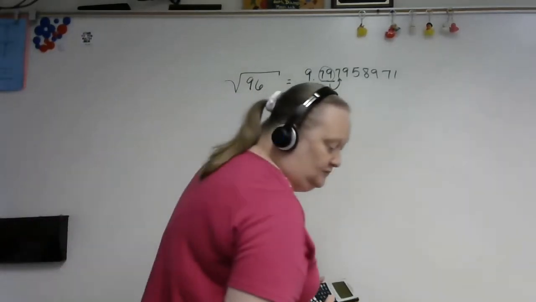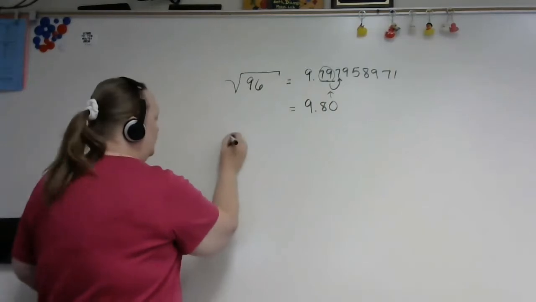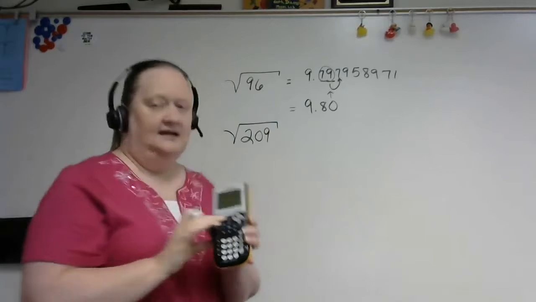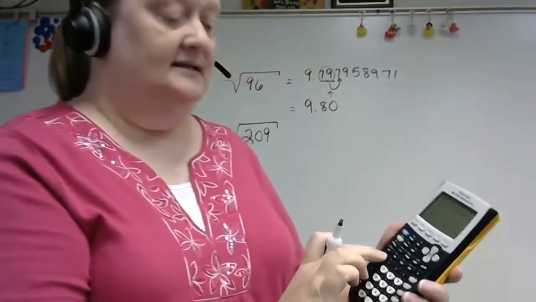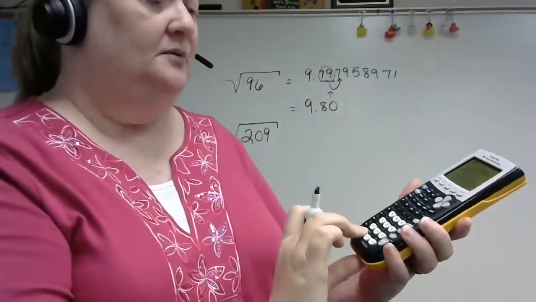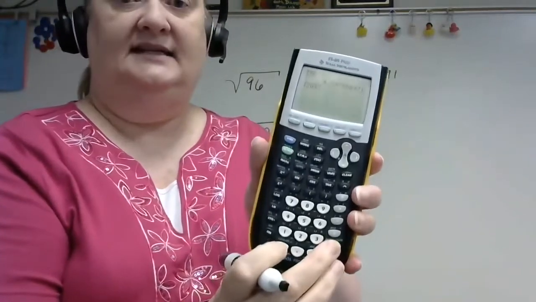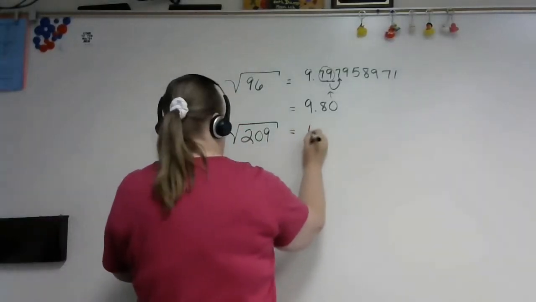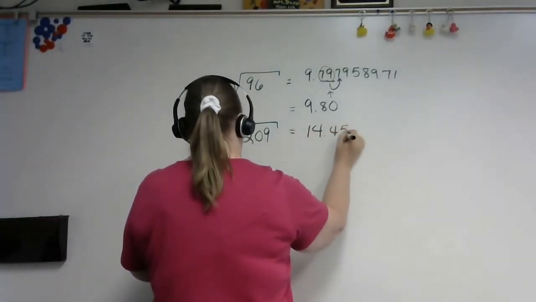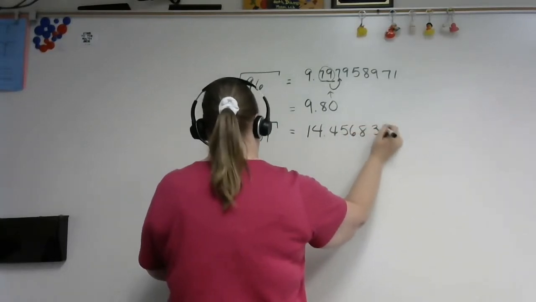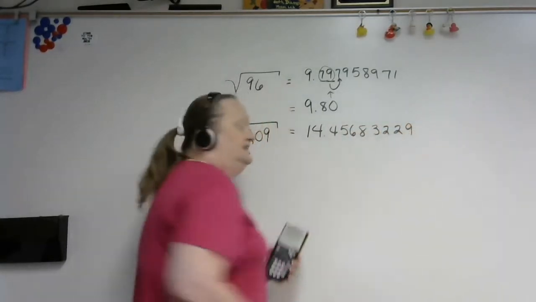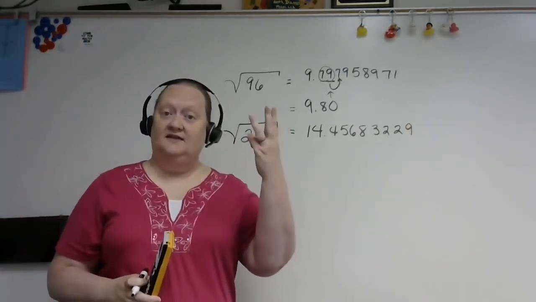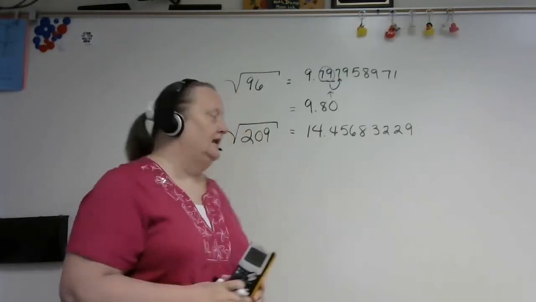Okay, let's look at the next number, the square root of 209. Again, you're just going to type in second square root, then 209, and then press enter. This time we're going to round to the nearest thousandth place: tenths, hundredths, thousandths, which will be the third decimal place.